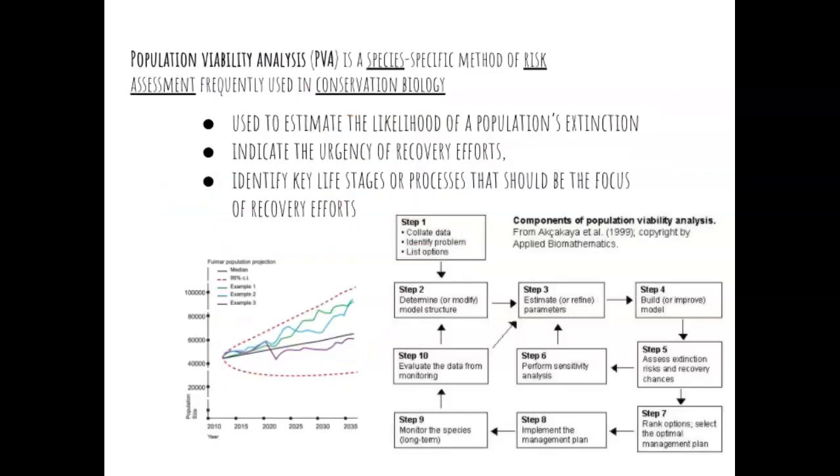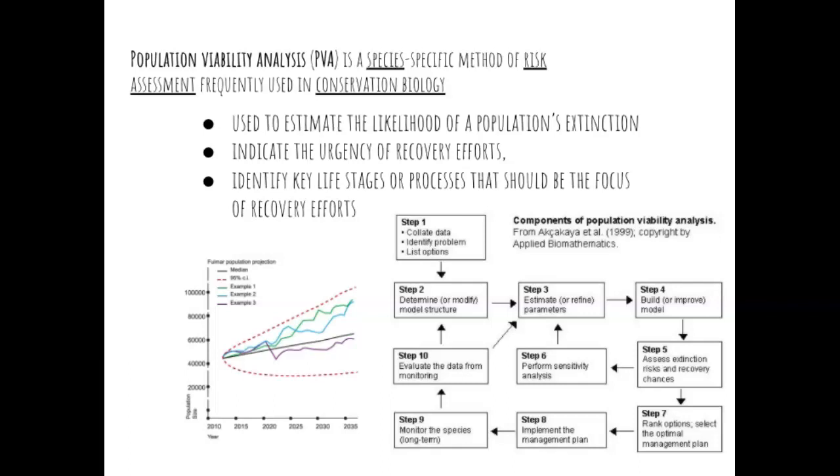In conservation biology, there is a tool used to determine the likelihood of a species going extinct. This is called a population viability analysis, or PVA. This is a species-specific method of risk assessment, which means that for every individual species, a different population viability analysis is done to determine that population's or species' likelihood of extinction.